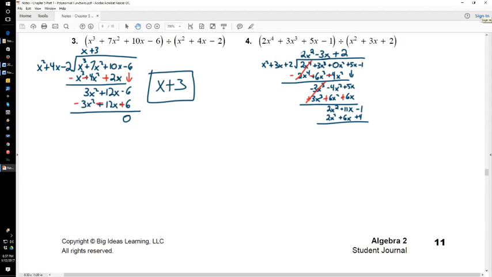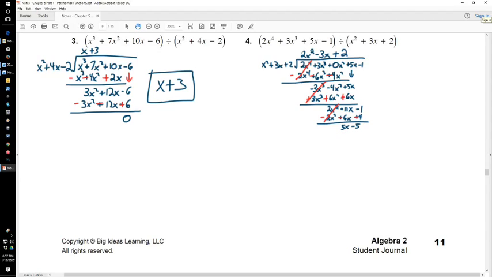Flip your signs. 2 minus 2 is 0. 11 minus 6 is 5. And negative 1 minus 4 is negative 5. There's nothing more over here to drop down, so we're done. We're stuck with a remainder of 5x minus 5.